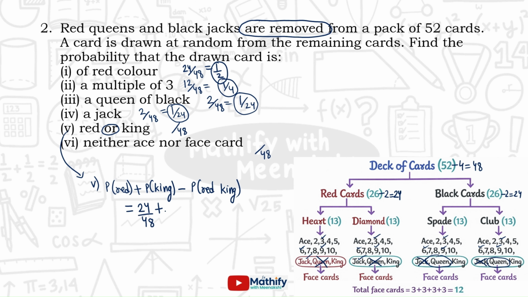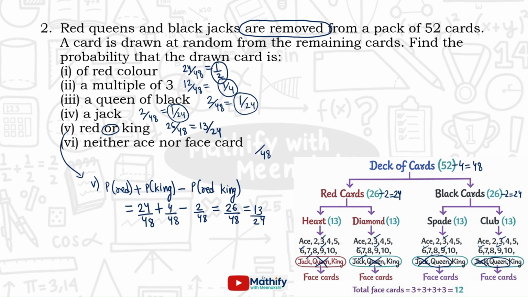How many kings do we have? We have all 4 kings with us. And red kings we have to remove. How many red kings do we have? 2. So your answer is 28 minus 2, that is 26 by 48. You can write 13 by 24. So this is your final answer, 13 by 24.